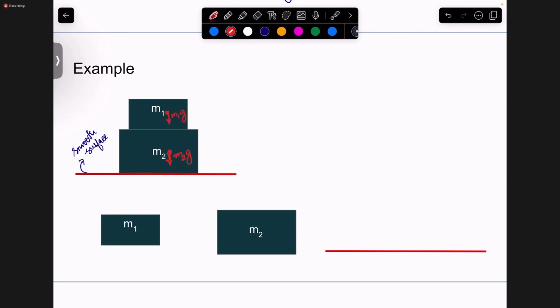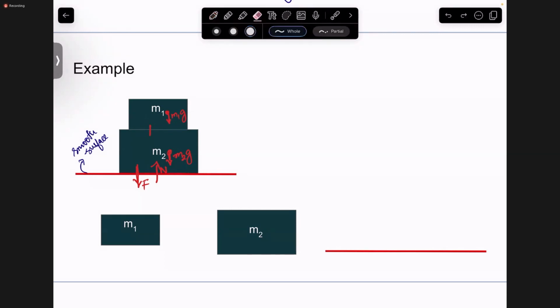Next is what? These two exert a force F on the ground, and this surface exerts a normal reaction on M2 from the ground. And what else is there? This M2 will exert a normal reaction N21.